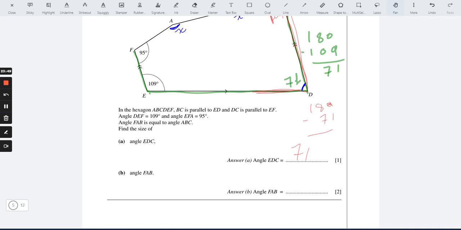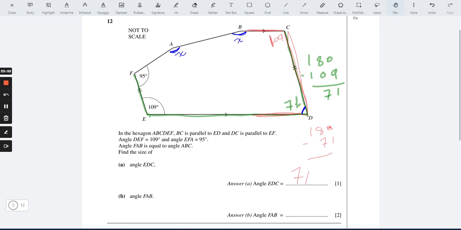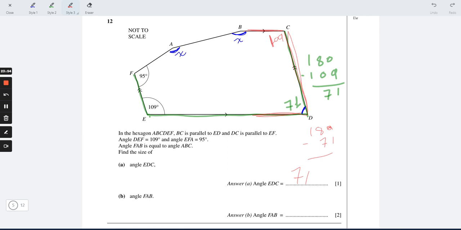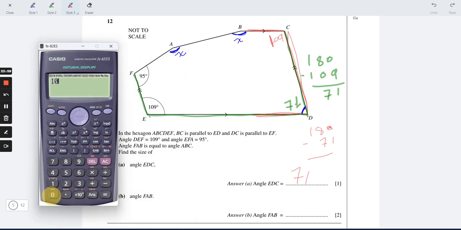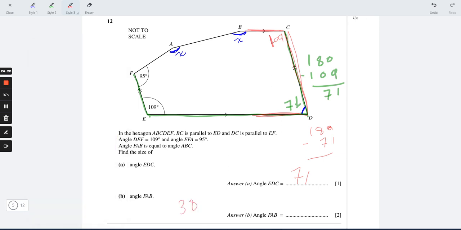We have to add all of these angles: 195 plus 95 plus 109 plus 71 equals 384.